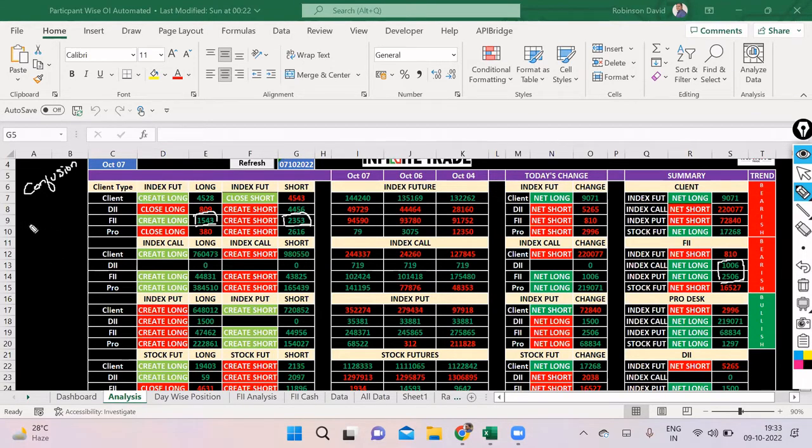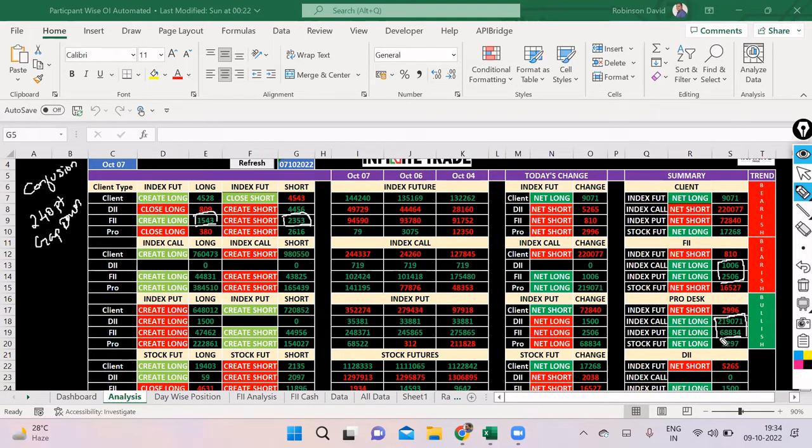This means that they were expecting that something is going to happen over the weekend, and SGX Nifty is already indicating a 240 point gap down opening. So we must keep this in mind. And if you look at the pros, I think they are going to have a tough time tomorrow.